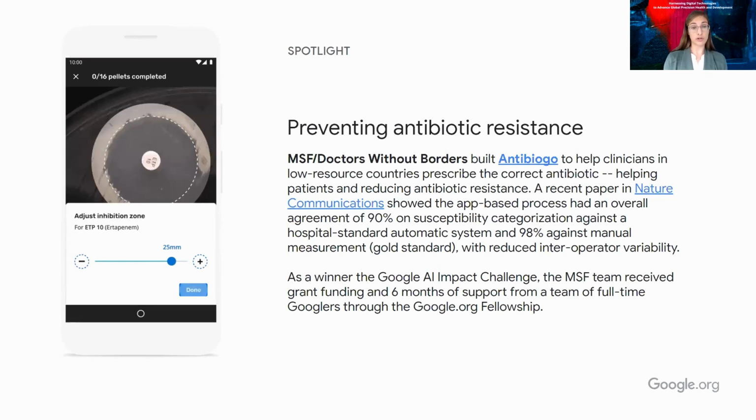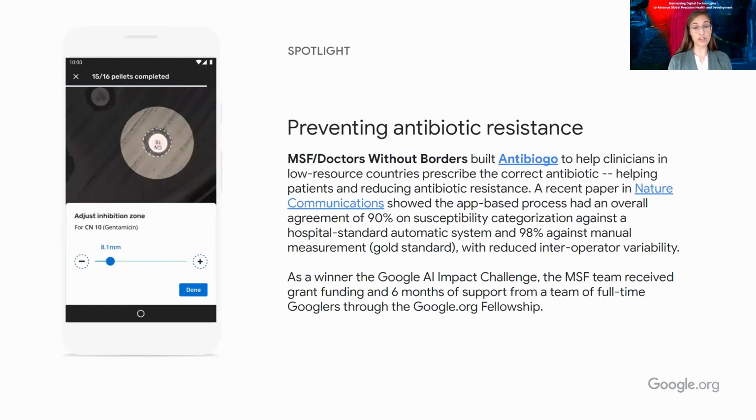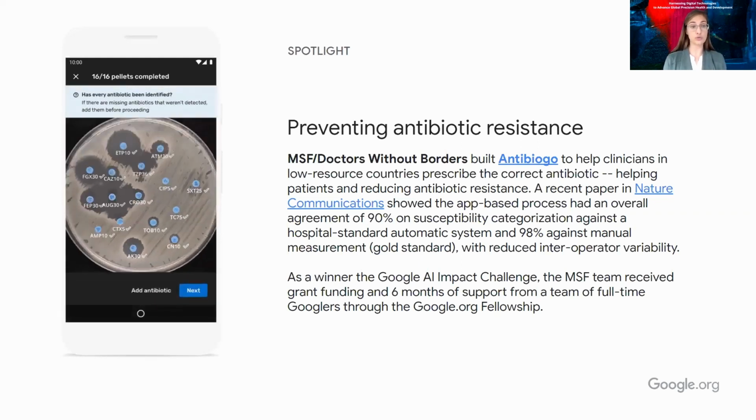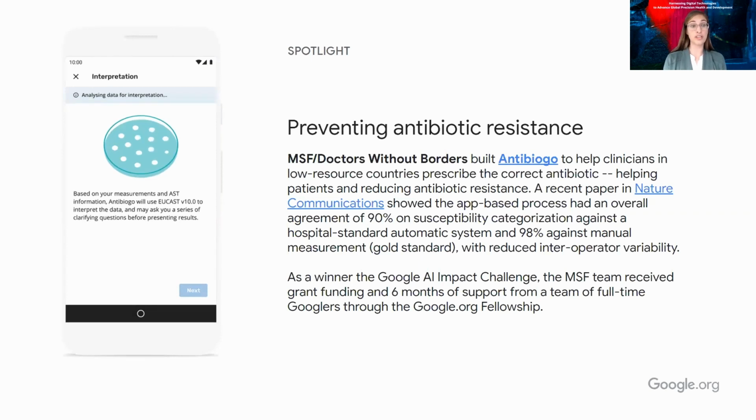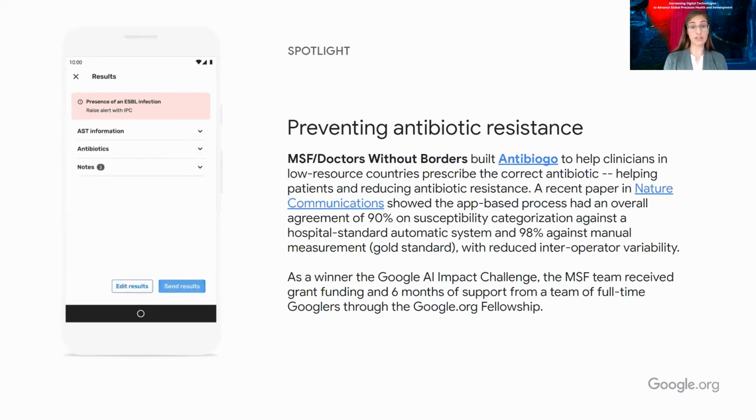Those tests are hard to interpret. As you can see here, it's hard for someone with an untrained eye to use this Petri dish and understand what to do. And it's very hard to get both expensive lab equipment and trained microbiologists into a country like Yemen. That was the case for MSF a couple of years ago.